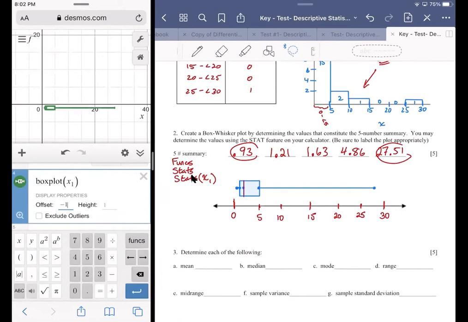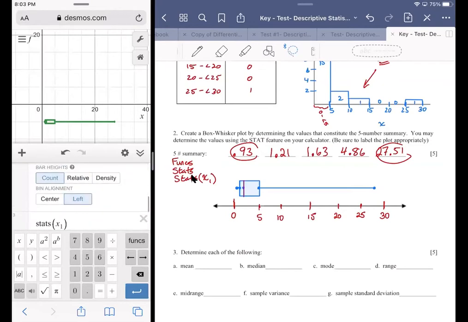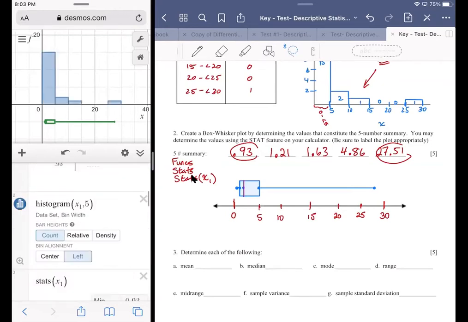So maybe like -5. That'll shift it downward 5 units. This way I could actually run my box plot and my histogram at the same time. It looks nicer.